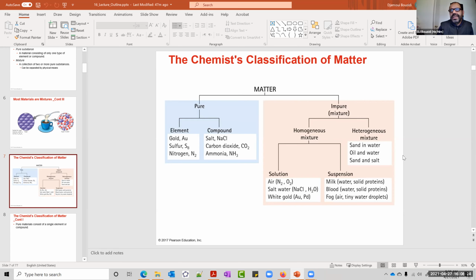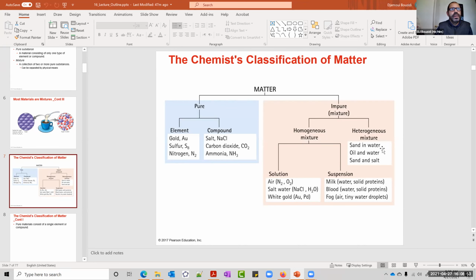A heterogeneous structure is sand in water. There is a clear separation between the two. As a matter of fact, you have two different phases. One of them is solid and the other one is liquid. Oil and water, they separate. Even though you try to mix them and you stir them together, if you wait a little later, you will see the separation between the two. Same phase, both of them are liquids, but you can see clearly where the first one is and where the second is.